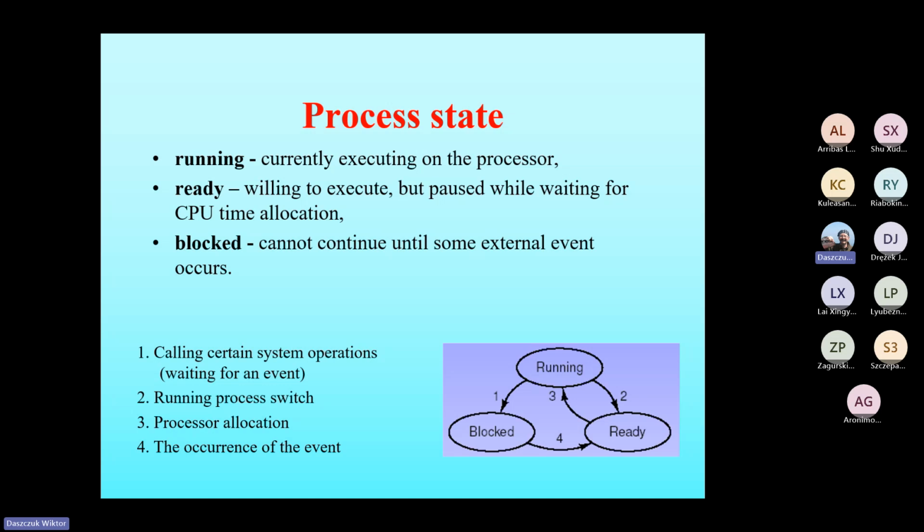So a running process decides that it wants to wait for something. We change its state to blocked, and when the event occurs, the process state is changed to ready and can be taken into account by the scheduler.